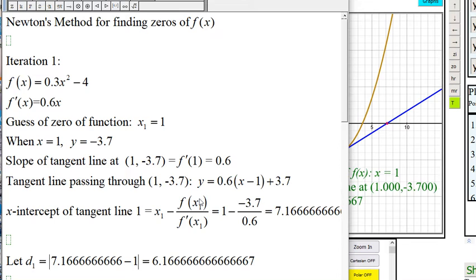Then this is what x equals. So x will be equal to 1 minus negative 3.7 divided by 0.6. So once again, to find the x-intercept of the tangent line, let y be 0 and solve for x. So let's write that down.